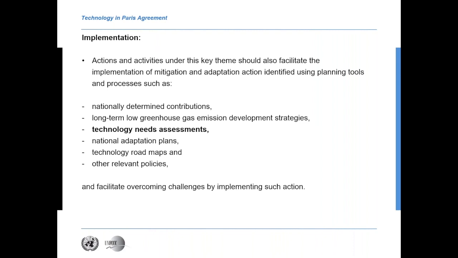Coming even deeper into implementation, what is this about? Under these key themes, it's about actions and activities to facilitate implementation of both mitigation and adaptation action identified using planning tools and processes. There are more of them, not only TNA: of course nationally determined contributions, long-term greenhouse gas emission development strategies, national adaptation plans, technology roadmaps, and other policies.